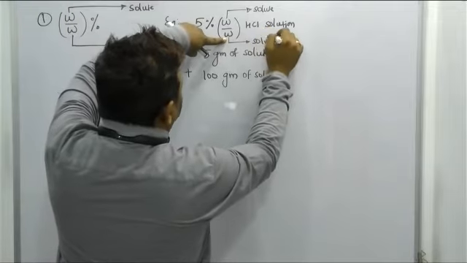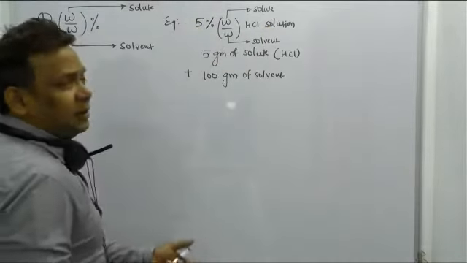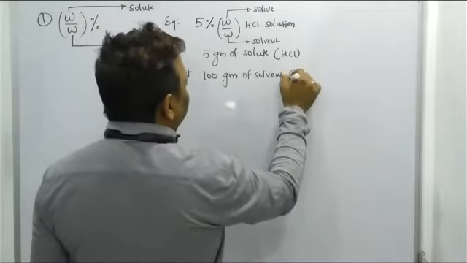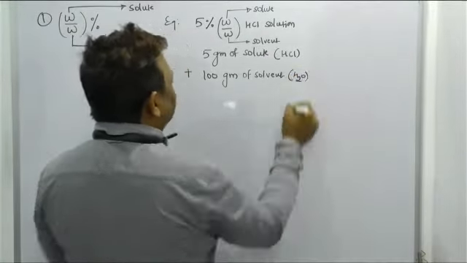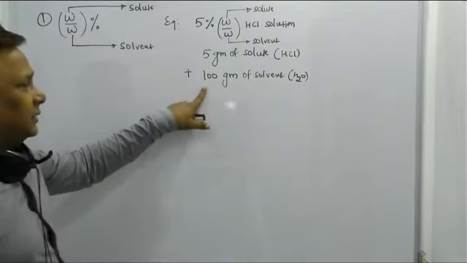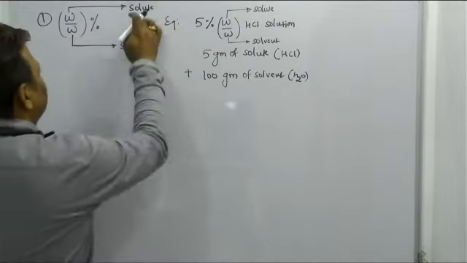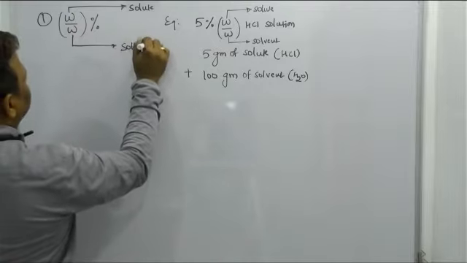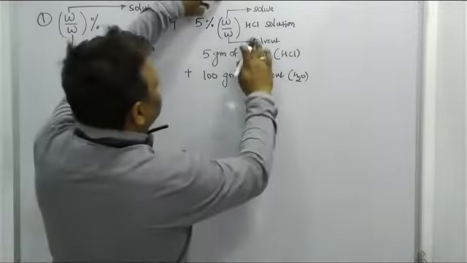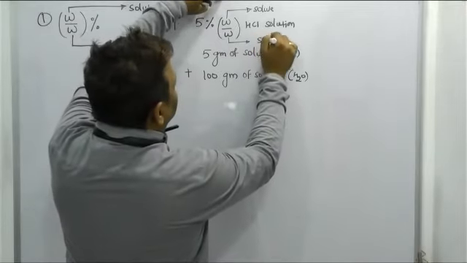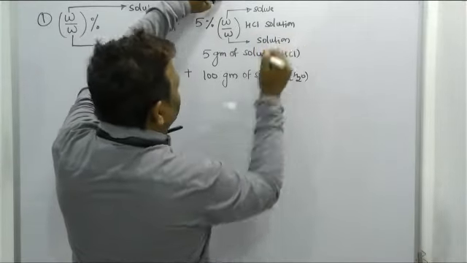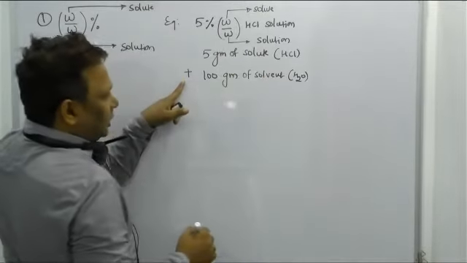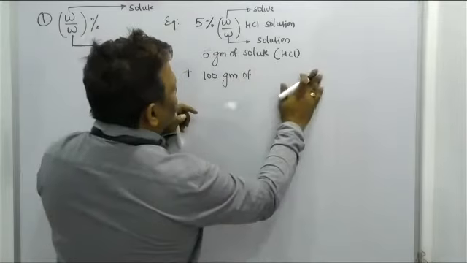It will indicate solvent. And what is the solvent? Obviously, if it is a solution, we have to add water. Sorry, beta, I wrote solute here. It should be solution, not solvent. Now, 5 gram of solute, that is HCl, is dissolved in 100 gram of solution.